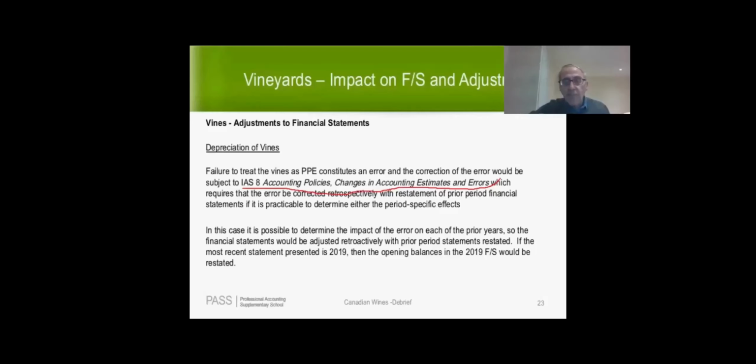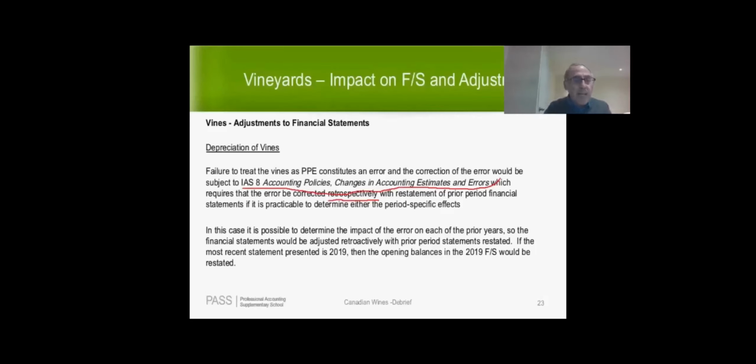They should have accounted for them as PPE. So this would be an error, and you have to remember how to correct an error. An error is supposed to be corrected retrospectively with restatement of prior period financial statements if it's practicable to determine the period-specific effects. And here it would be very easy to determine the effect on each of the prior periods.